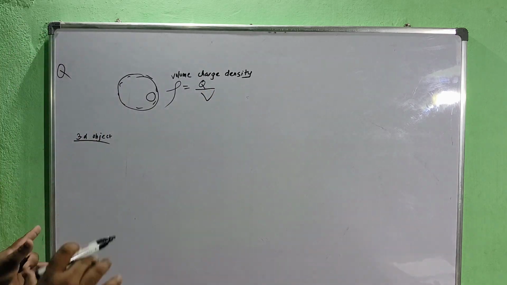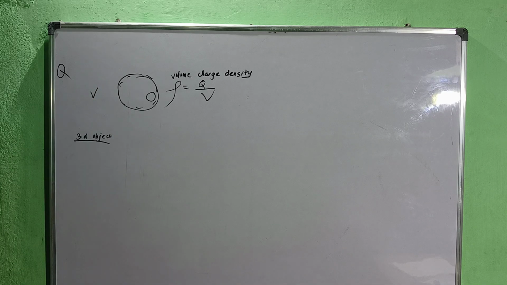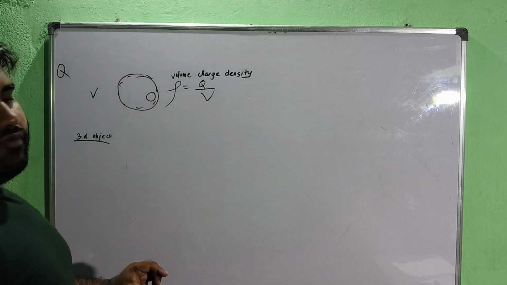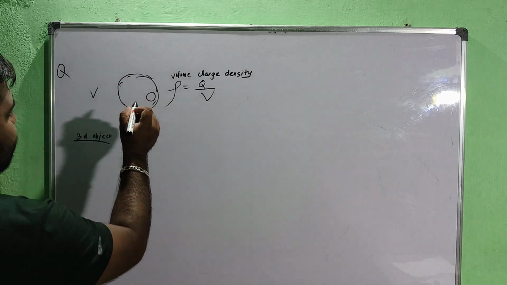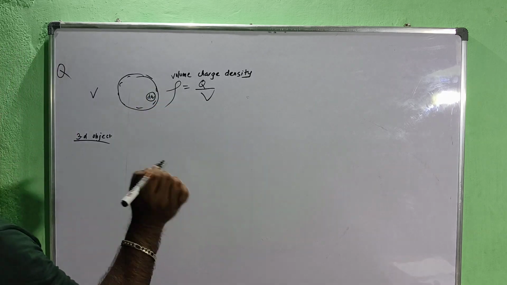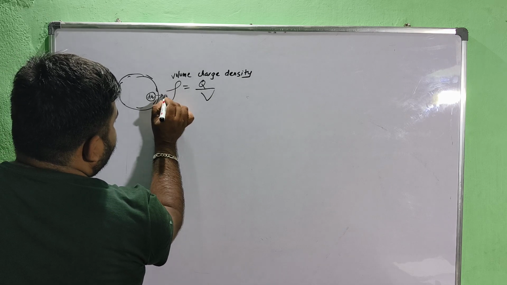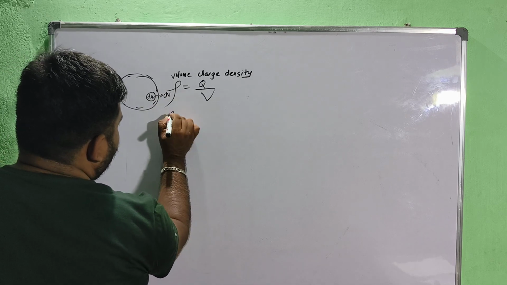Let V be the volume of that object. For this small part, let it contain charge dq, and for this small part, the volume is dV. Then what should be rho?